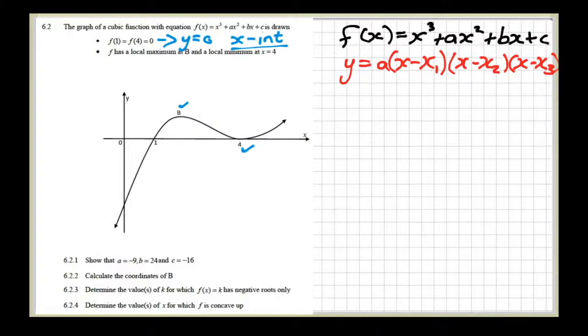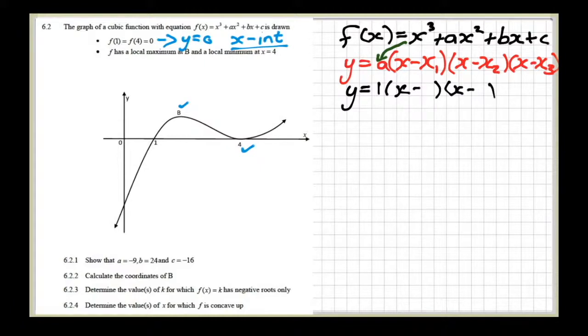But a very important thing is, whatever value is in front of the x cubed is the a value of the formula. So in other words, because there is a 1 in front of the x cubed, I'm sitting with 1 times x minus x1, x minus x2.